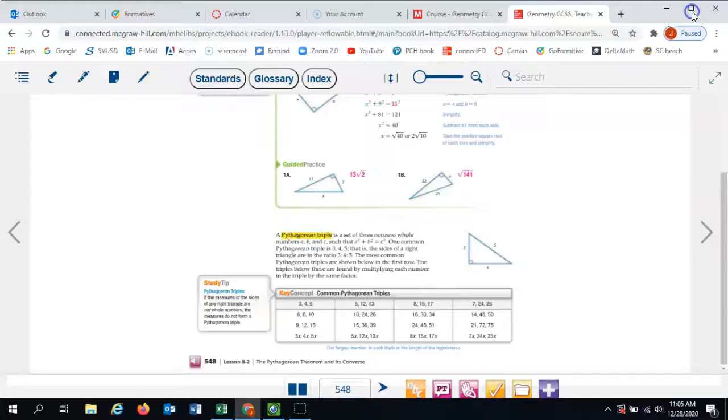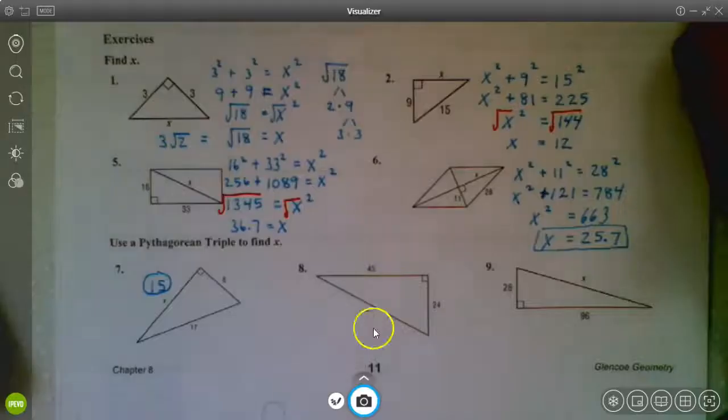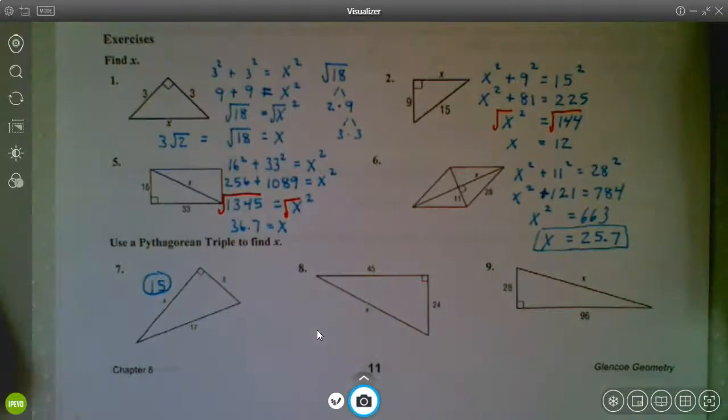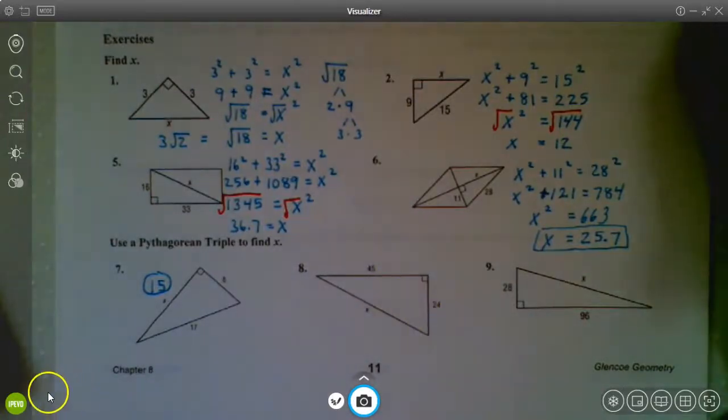So, again, I looked at this one right here, my 8, 15, 17. So let's try that on this guy. Here's one that doesn't really fit any of those four, but maybe it is a multiple of one of those. Let's see, what did they multiply by this one?